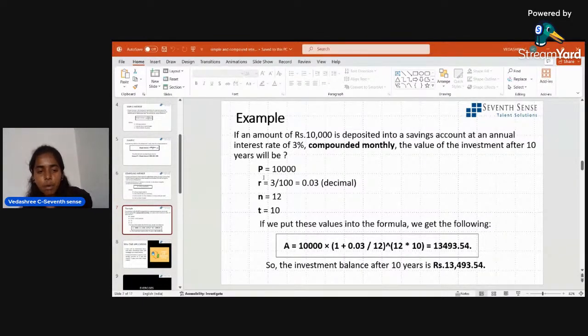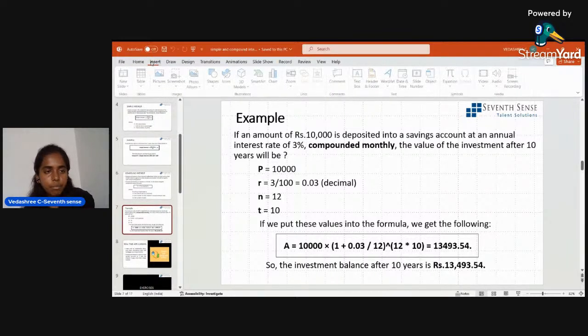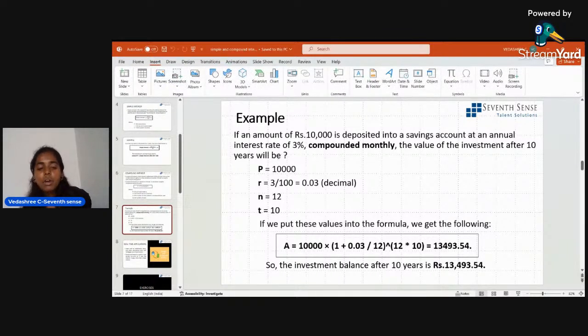The principal amount is nothing but 10,000. So 10,000 is deposited into your savings account. Next, R is the interest rate. Here 3% is given. We'll convert this into a decimal value, that is 3 divided by 100, which is equal to 0.03.